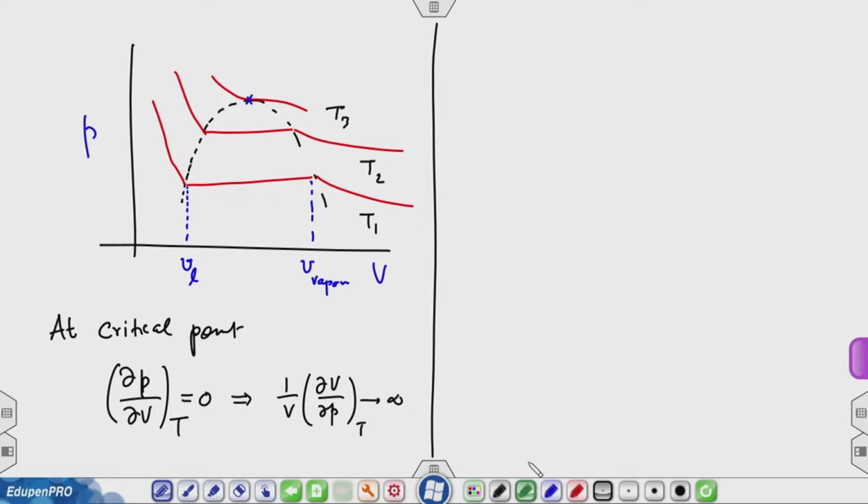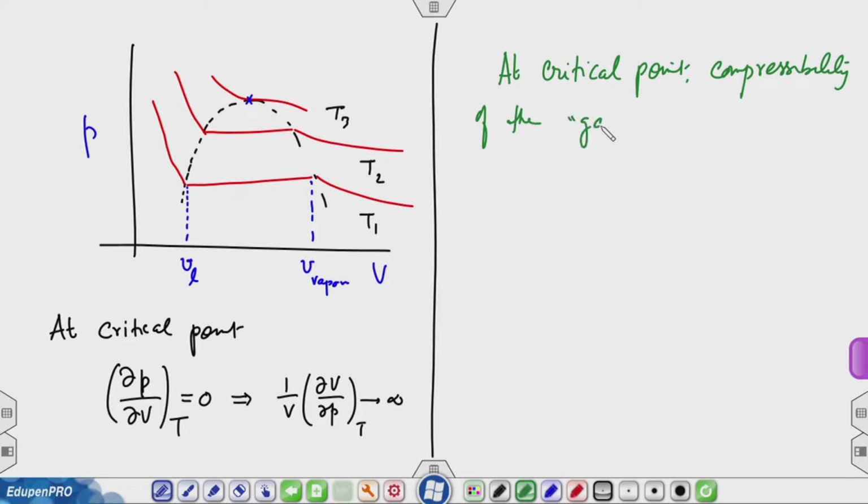So at the critical point, the compressibility of the gas is very large, and that means even the gravitational field will make the density change quite a lot, or the volume change quite a lot.